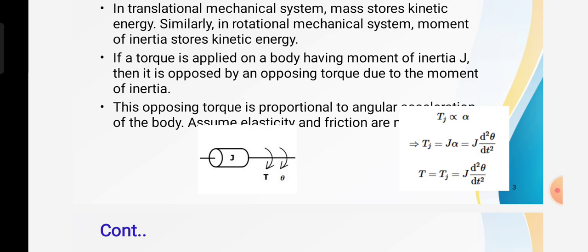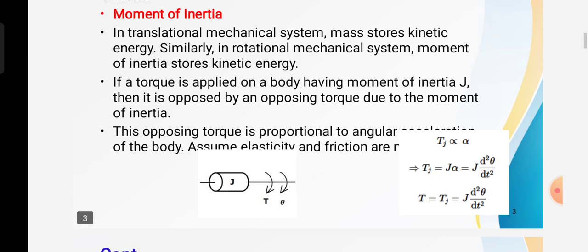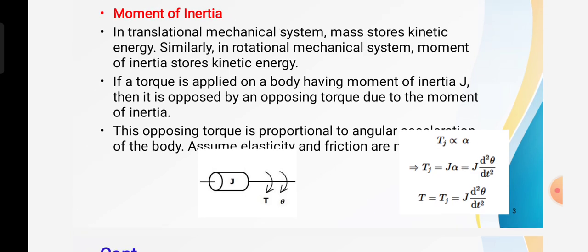By Newton's law, the sum of applied torque is equal to the sum of opposing torque. So T is equal to Tj, which is equal to J d square theta by dt square. The moment of inertia is denoted by J. This is the diagram of the ideal moment of inertia.